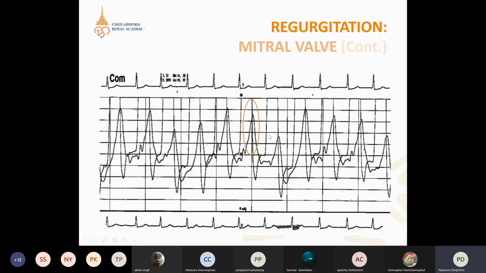So you can remember that with mitral valve regurgitation, with the trashing pressure, you will see the giant V wave at the downslope of the left ventricular pressure waveform. Okay.